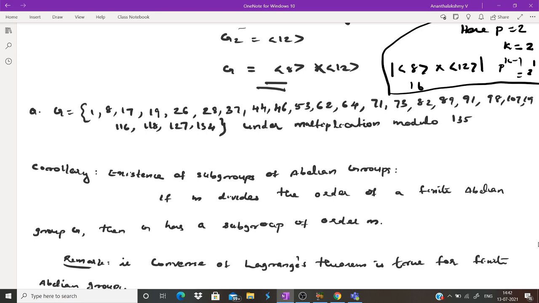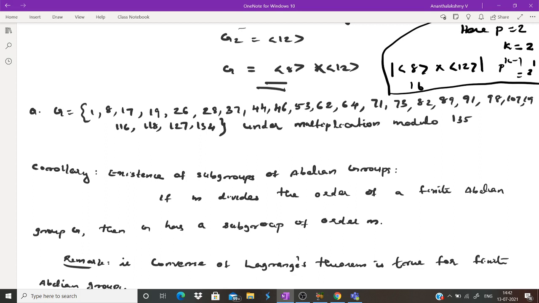What does Lagrange's theorem say? The order of a subgroup divides the order of a group, for finite groups. So what is the converse? If M divides the order of a group, then that group has a subgroup of order M. That is what the converse of Lagrange's theorem says. That is not true in general, and we have given an example too.